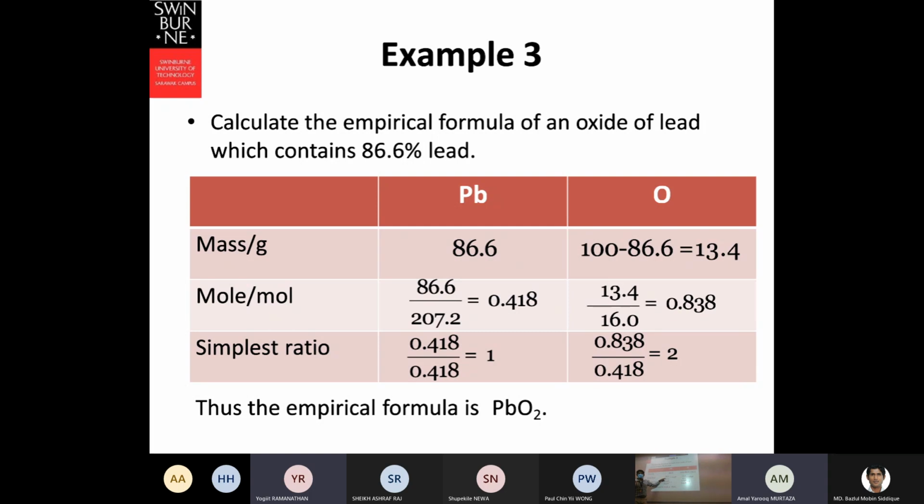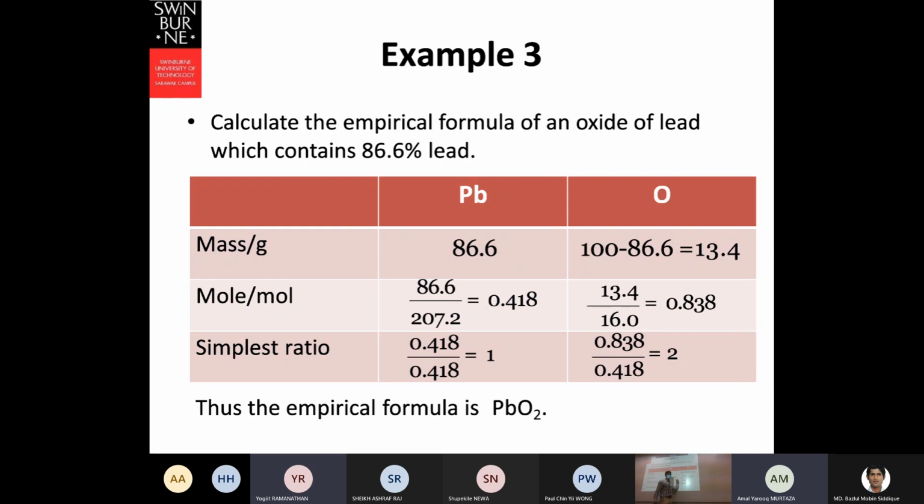So we find the number of moles of lead. Lead is one of the heaviest elements, with atomic weight 206. We divide the mass by the molecular weight, and then we find the number of moles of lead. This is the important thing. After that, we will find the simplest ratio. The simplest ratio means we divide the number of moles by the smallest number of moles among all of them.